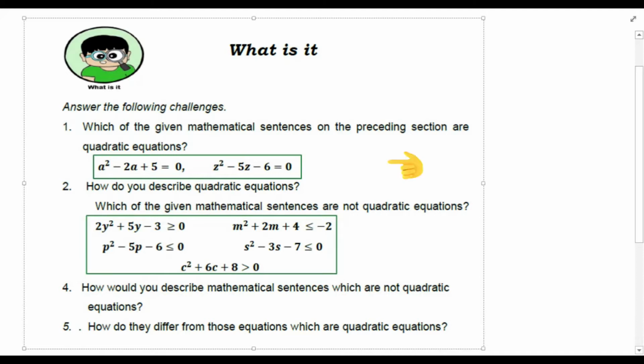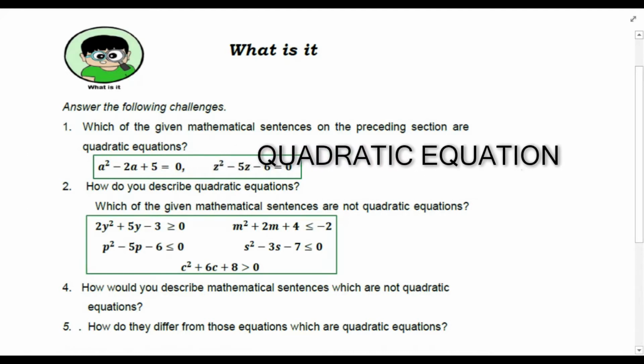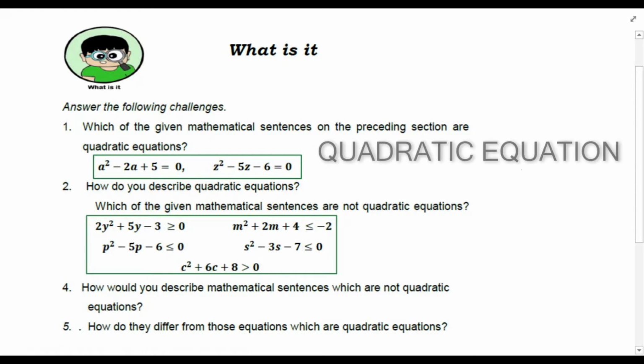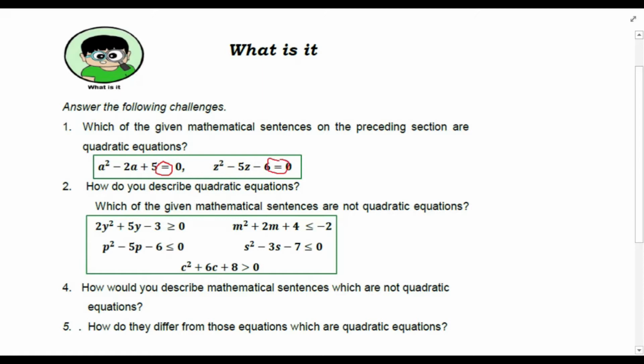This one is what we call a quadratic equation. Why is it called a quadratic equation? Yes, because it is separated by an equal sign. So meaning it is an equation.